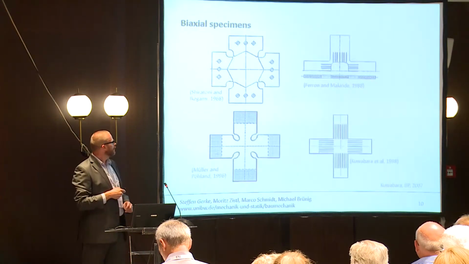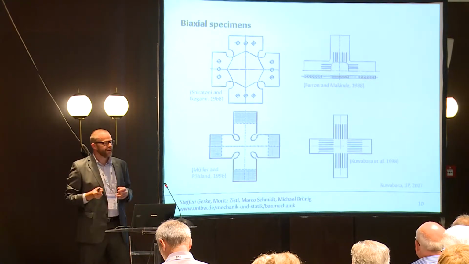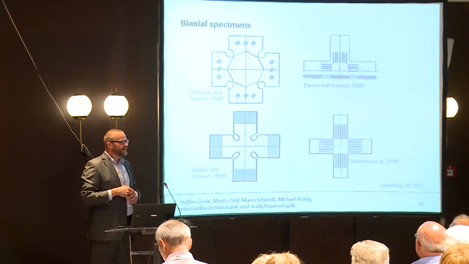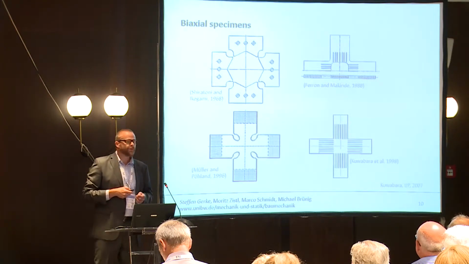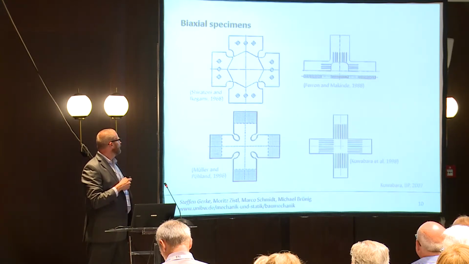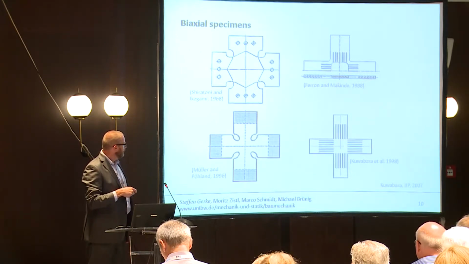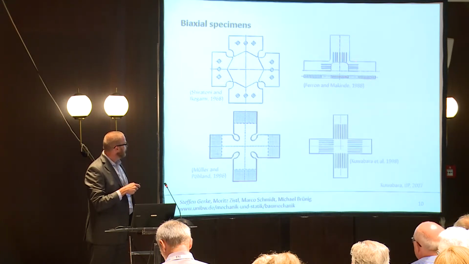Now, having a look at biaxial specimens, that is what I will focus on later on. And if you look in literature, you find basically these cruciform specimens where a lot of work has been done into optimizing these areas here where the leg comes into the central area, or putting these slits in, or reducing the thickness in the central area.